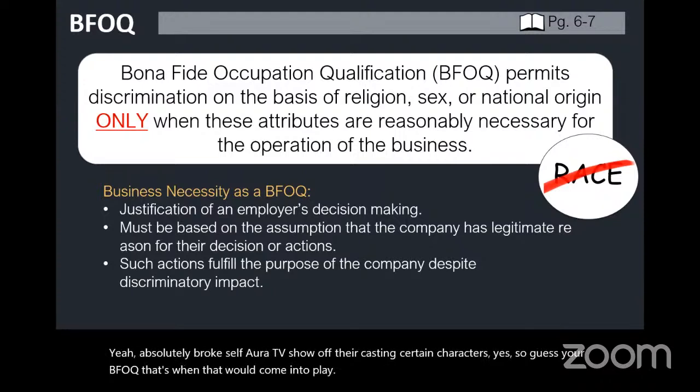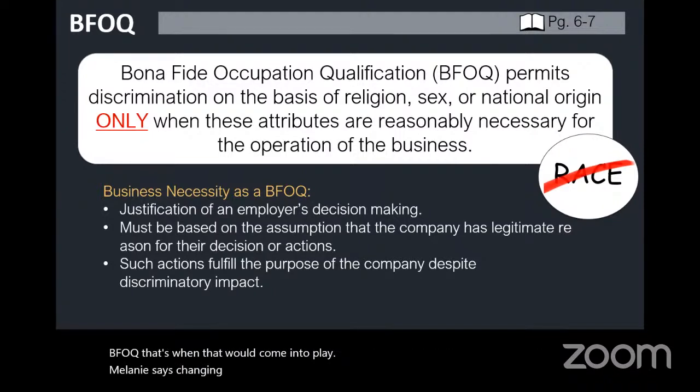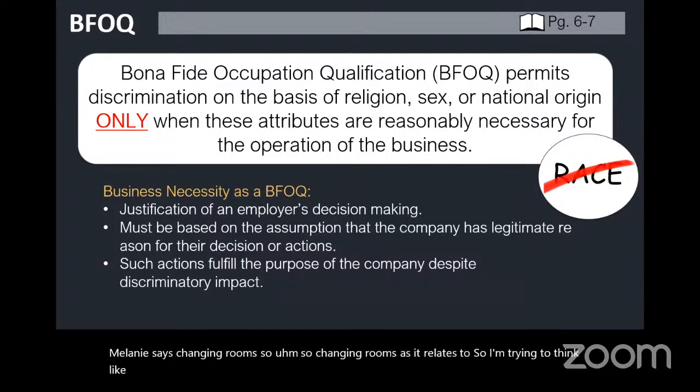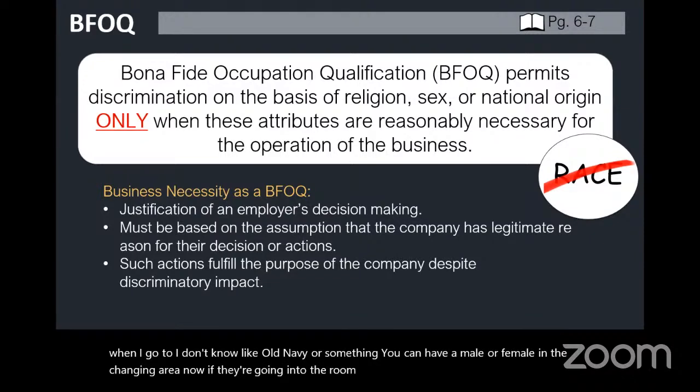Melanie says changing rooms. So, as it relates to changing rooms, when I go to, say, Old Navy, you can have a male or female in the changing area. Now, if they're going into the room themselves with the person, probably not.